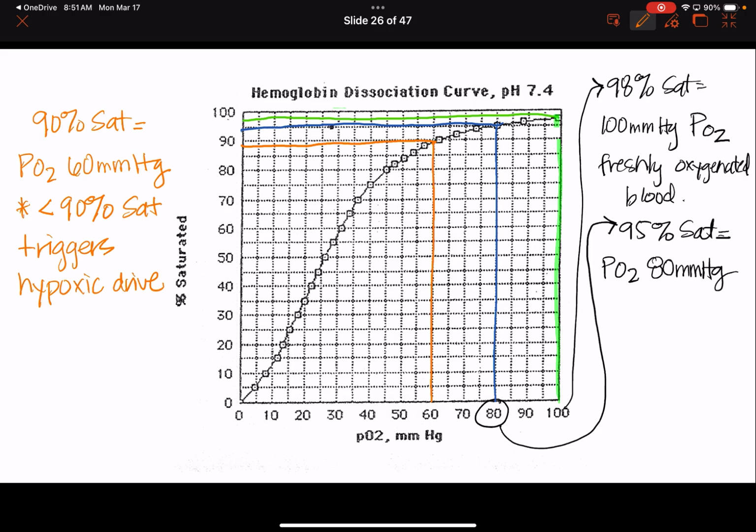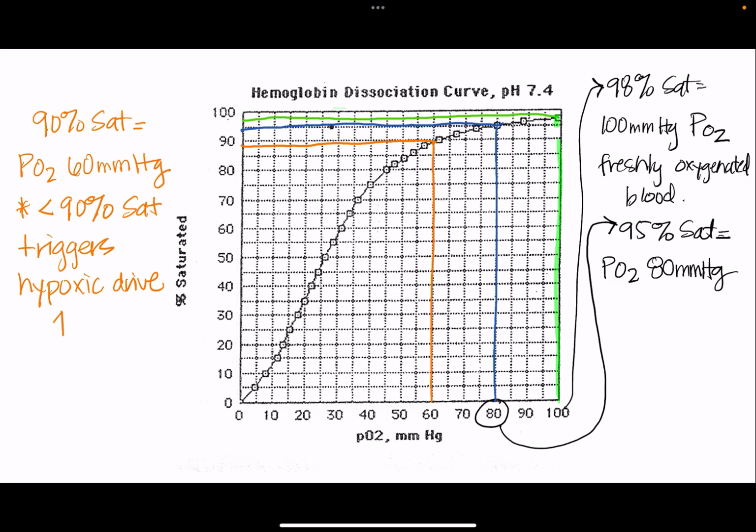Your tissues are still getting enough oxygen to sustain you, but this means that you're getting close to hypoxia, and this is going to trigger an increase in your respiration rate. So you're going to start breathing faster so that you can bring in more oxygen and get closer to that 98% that you need to be at. So hypoxic drive is going to cause an increase in respiration rate.